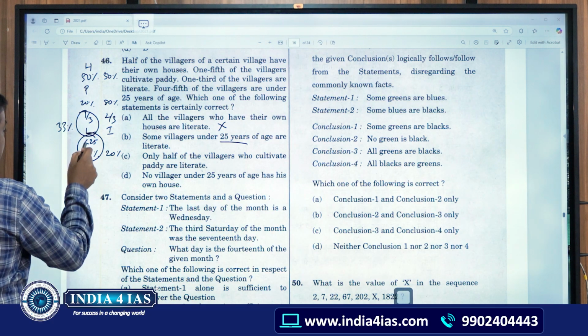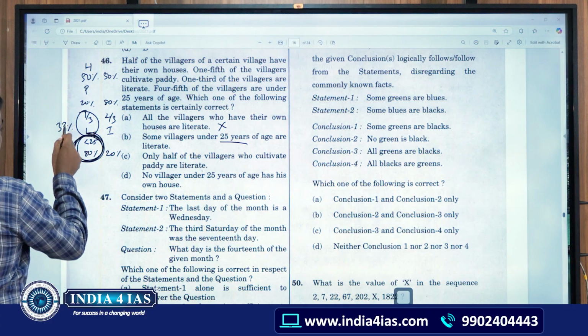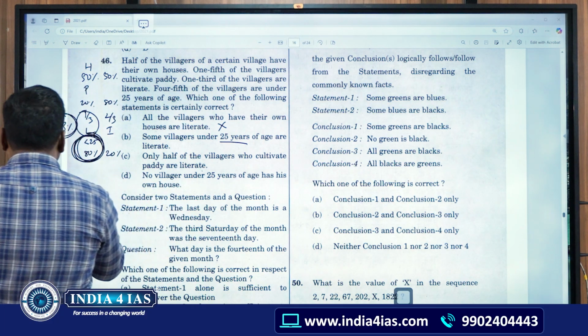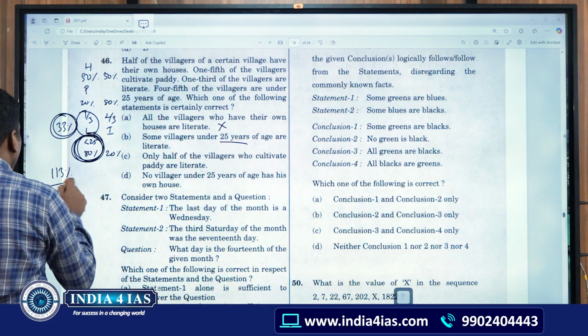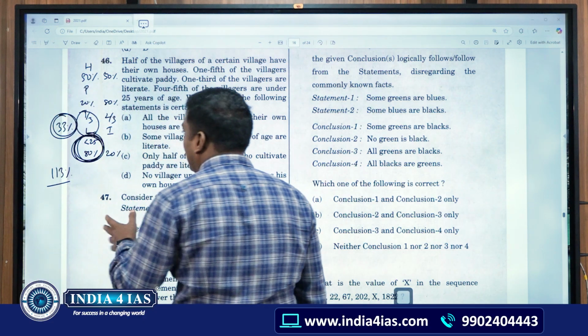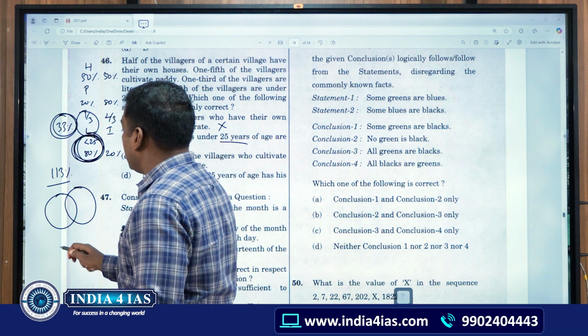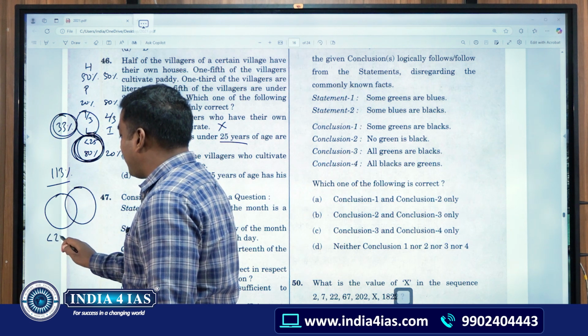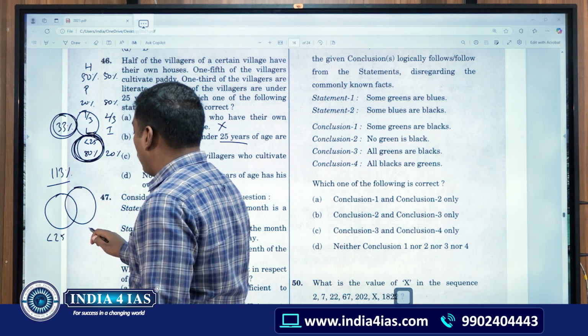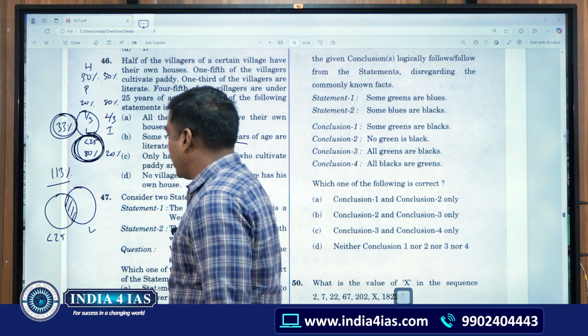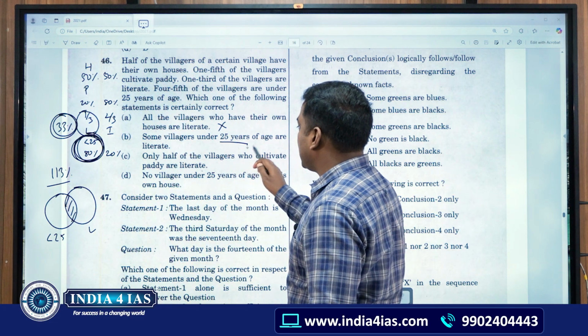So definitely this is 80%, a bigger chunk, and 33% are literate. If you combine both, it is 113%. This is more than 100%. So definitely the circle of the under 25 people will coincide with the literate people. So this is around 13%. So definitely this one is correct.